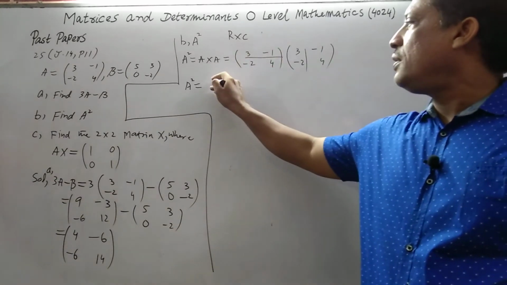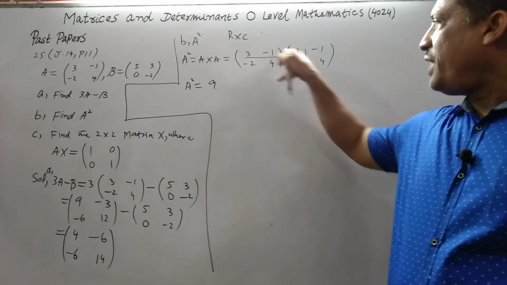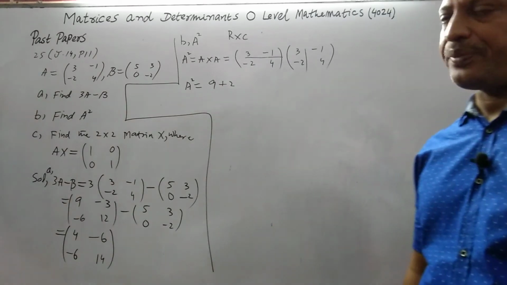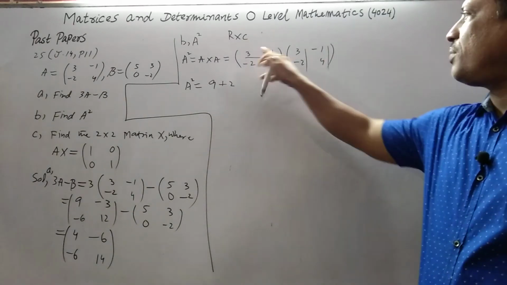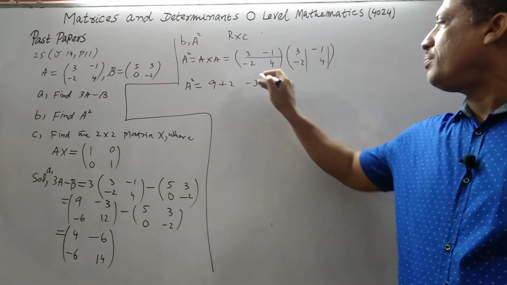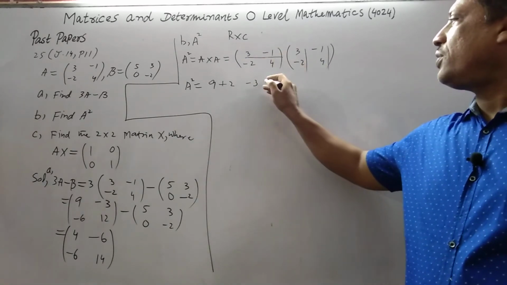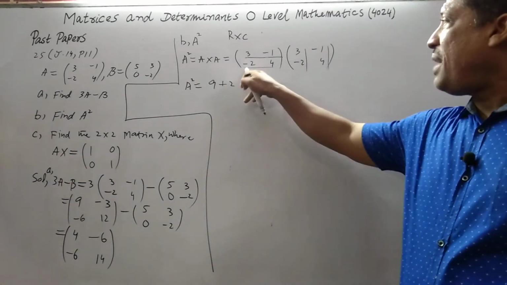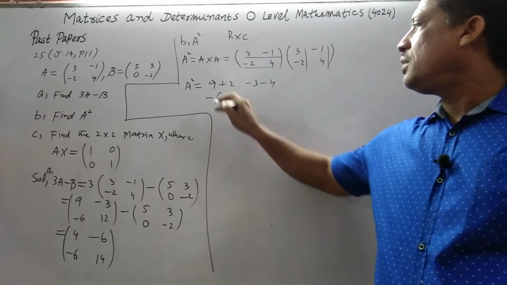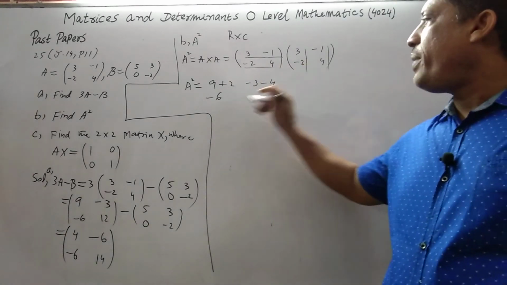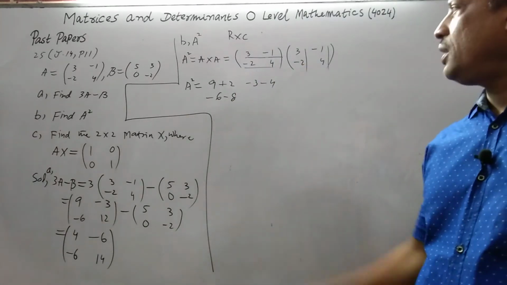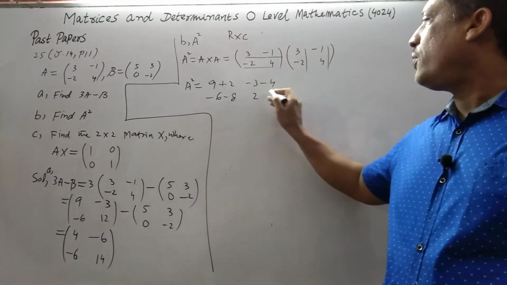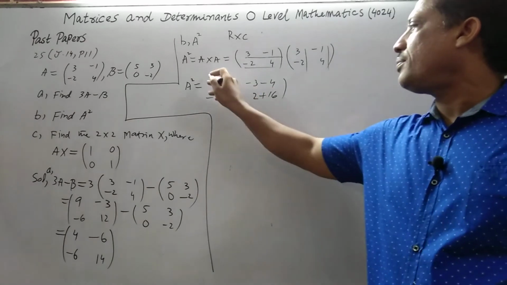So A square is equals to multiply first row by first column. 3 3s are 9, minus 1 into minus 2 plus 2, 1 into 2, 2 plus 2. Multiply first row by second column. 3 into minus 1, minus 3, minus 1 into 4 is minus 4. Multiply second row by first column. Minus 2 into 3, minus 6, 4 into minus 2 is minus 8, minus 2 into minus 1 minus minus plus 2, and 4 into 4, 4 4s are 16.